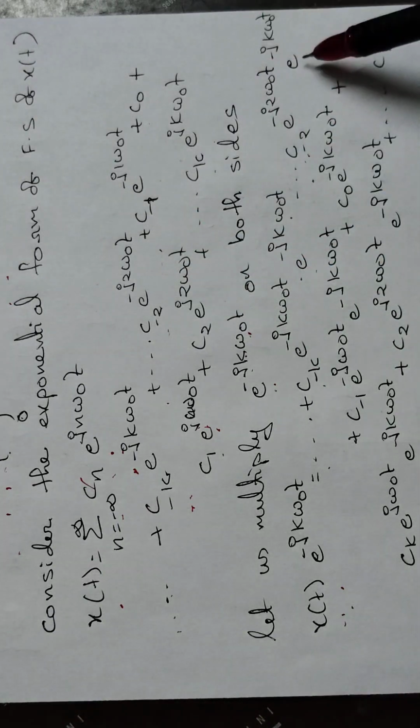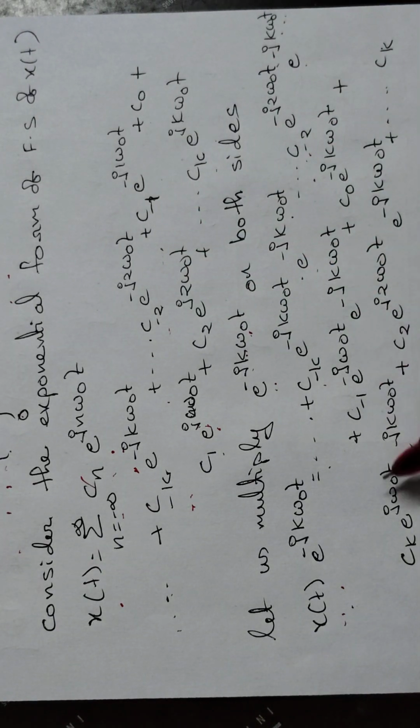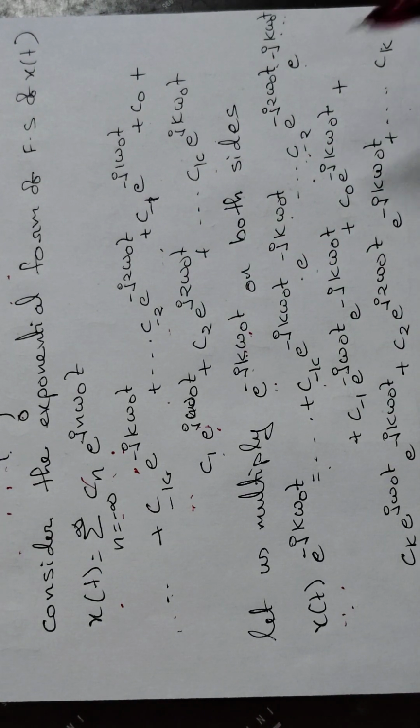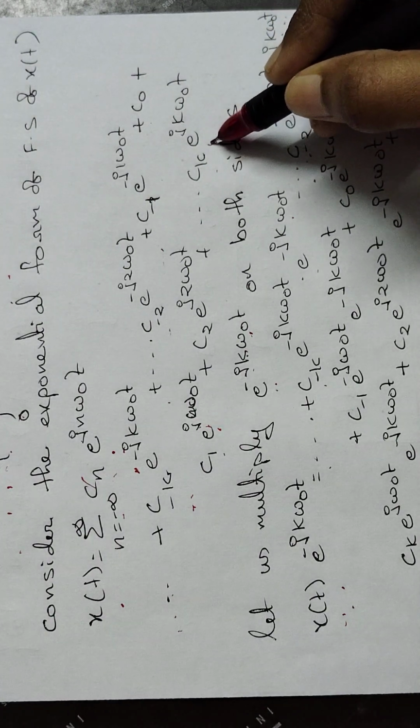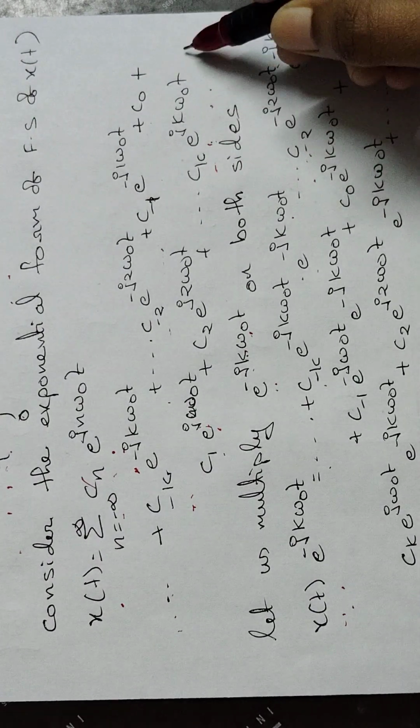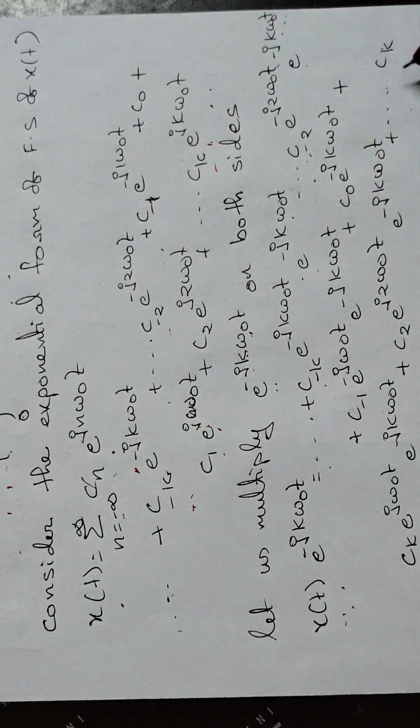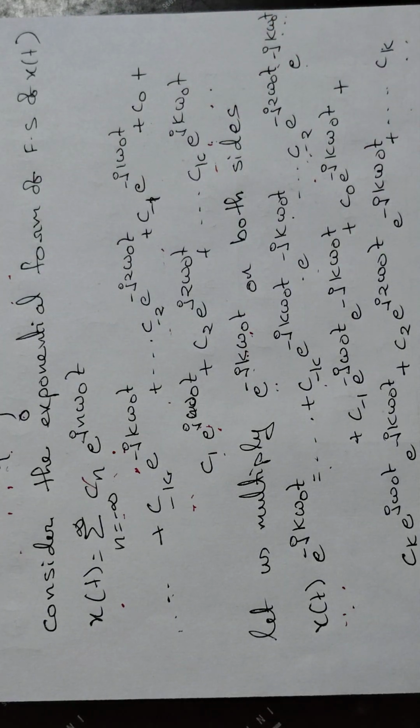When you multiply this term with e^(-jk ω0 t), both get cancelled, and you get only the c_k value.